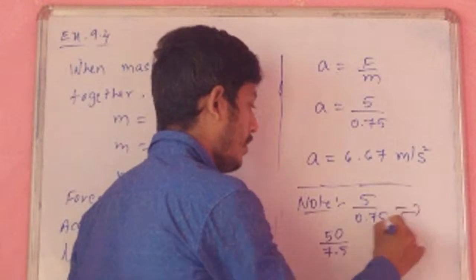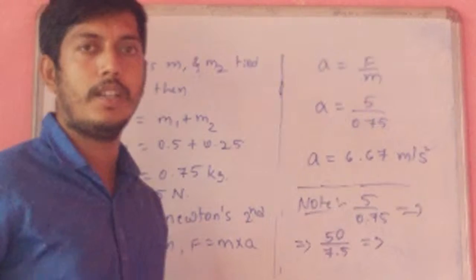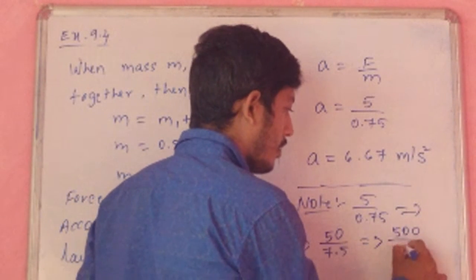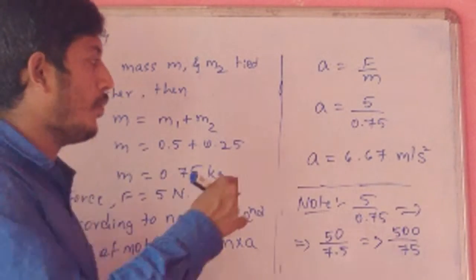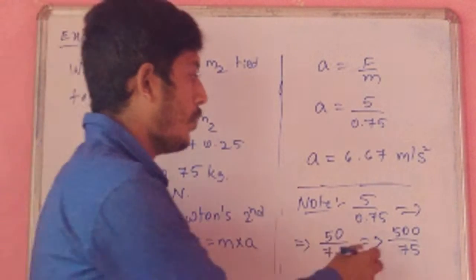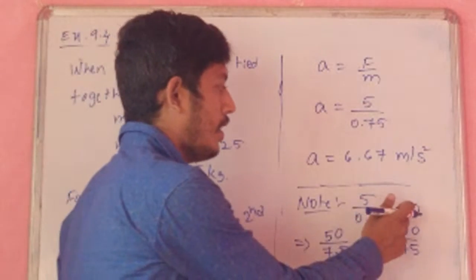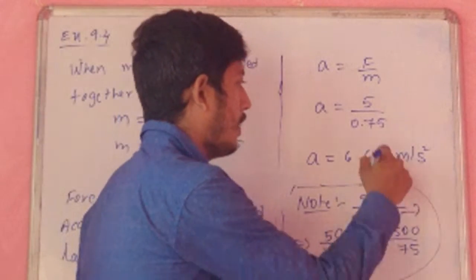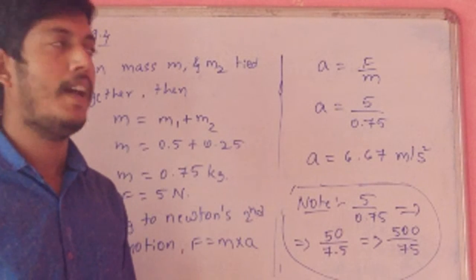Then if I want to shift this decimal point to the next place, I have to add another 0 in the numerator. So it becomes 500 divided by 75. Then we can cancel this with the help of 5. 5 ones are 5, then it remains 25; 5 5s are 25. Similarly, 5 ones are 5, then 0, 500. So by using that calculation, we get the answer as 6.67 meter per second square.